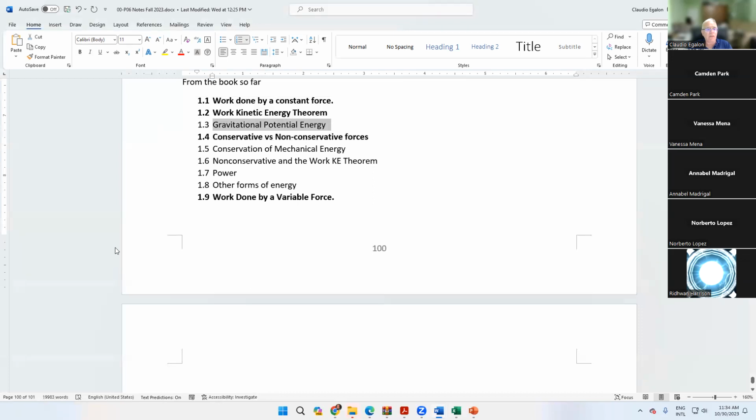Before talking about gravitational potential energy, we have to talk about conservative versus non-conservative forces. So let's talk about conservative and non-conservative forces.